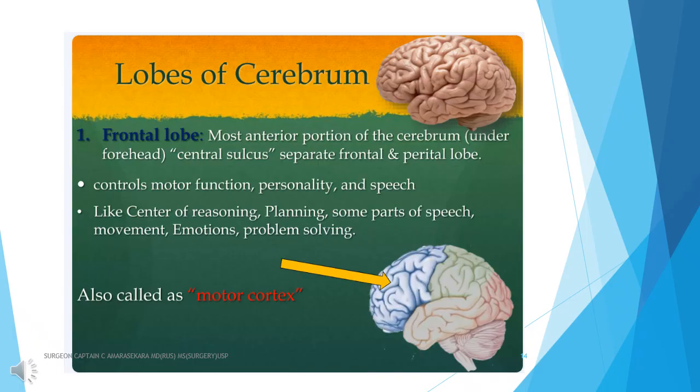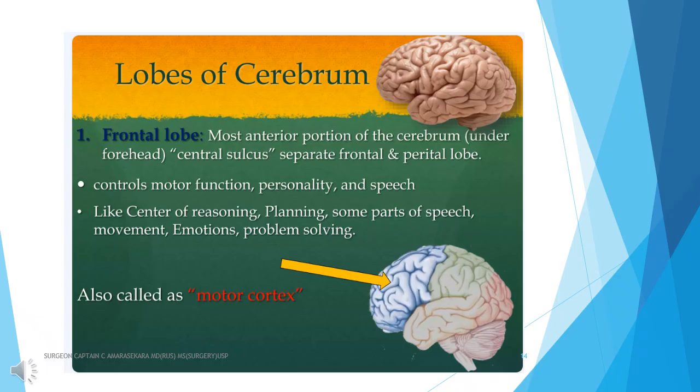Frontal lobe stroke: just think what would happen in a frontal lobe stroke? It affects contralateral hemiparesis. Now you know it's contralateral hemiparesis, especially face and arm.